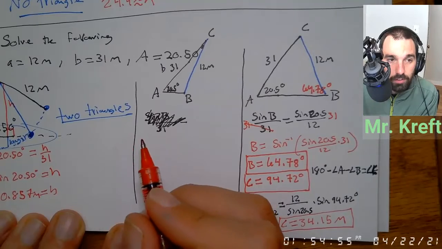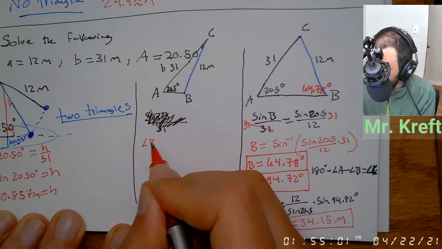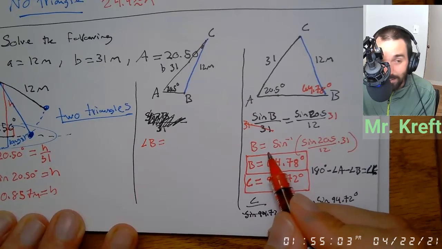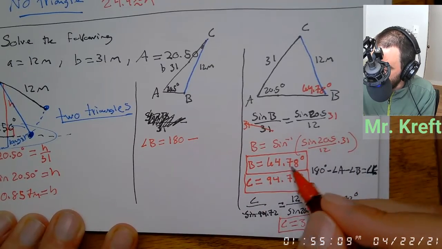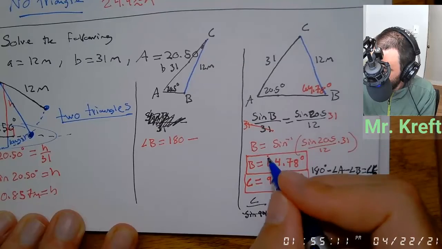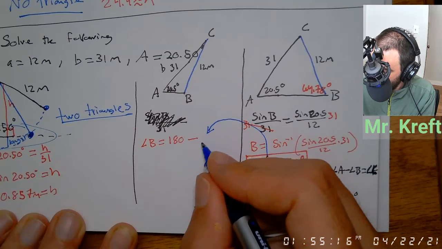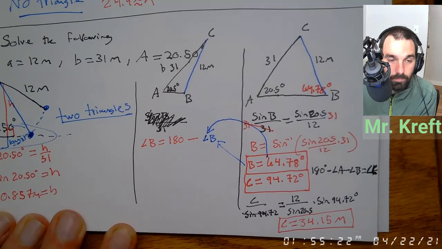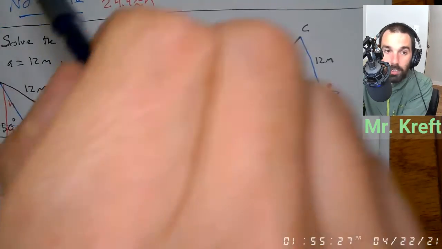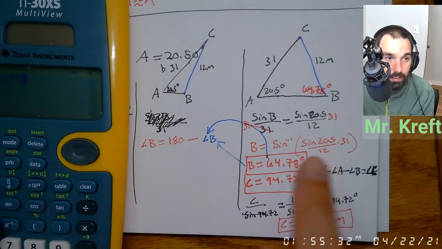Okay, so to get over here, how do you start this problem? You start with angle B. Angle B is going to equal this angle B, so 180 minus this angle B. Okay. So what I would even do, because I don't want to round, is I'm just going to do angle B over here again.